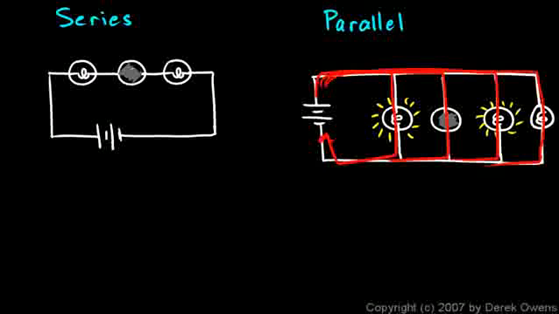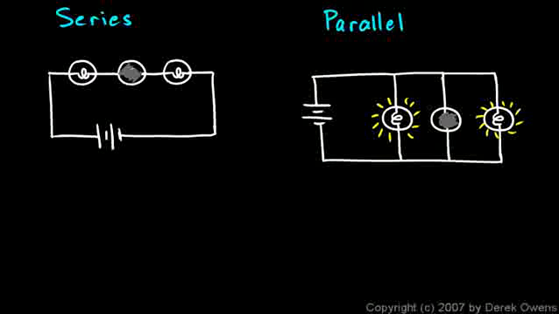You add more lanes in the road, you get more traffic there. So adding an additional light bulb in parallel, or more light bulbs in parallel, will decrease the overall resistance because you're adding more paths for current to flow. All the light bulbs will continue to burn just as brightly. What happens is the decrease in overall resistance results in an increase in current flow.